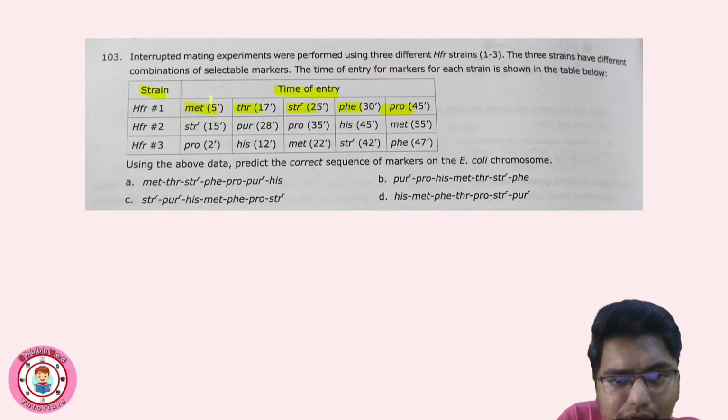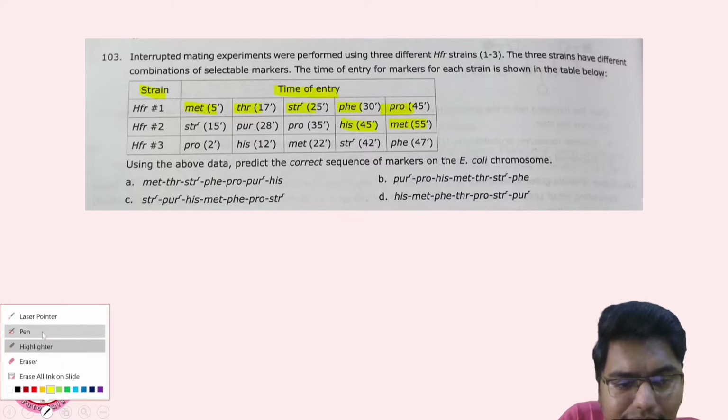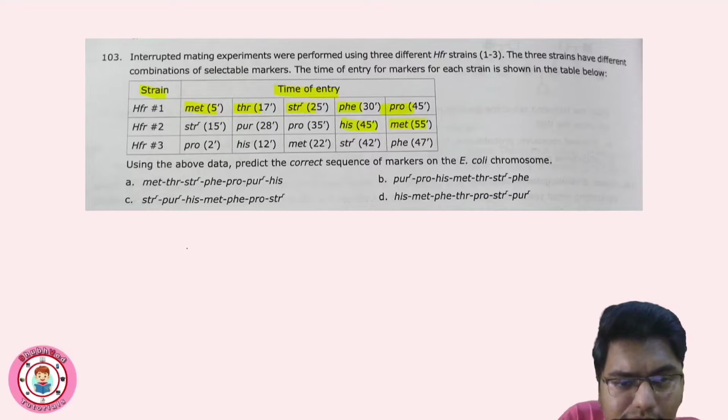On one side of methionine there is threonine. Now in the second strain, we will see what is common: methionine is common, then histidine. What can we write from this information?